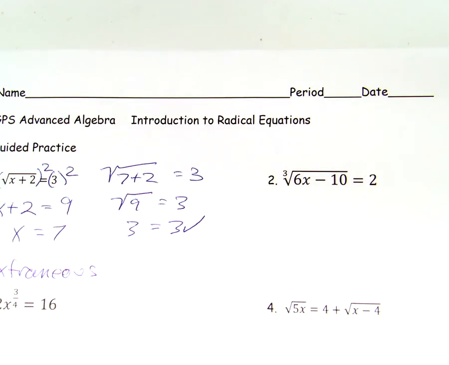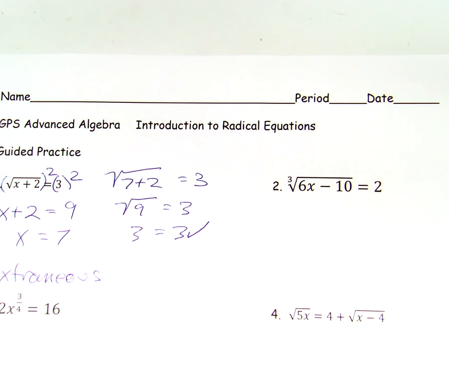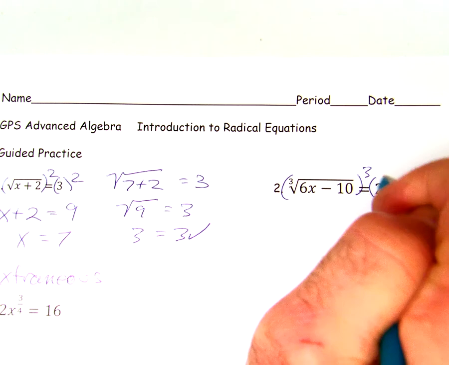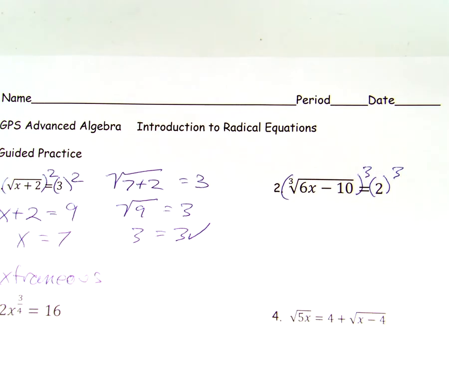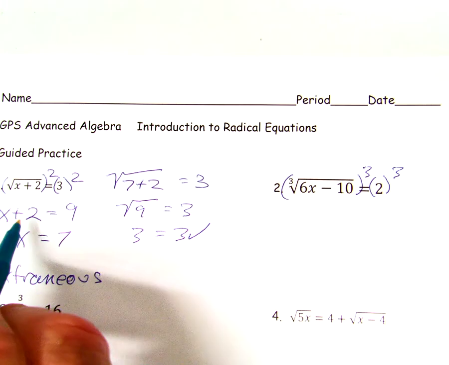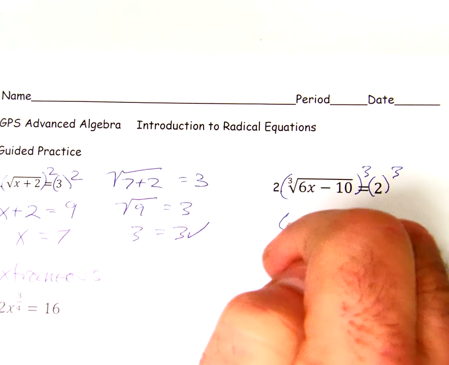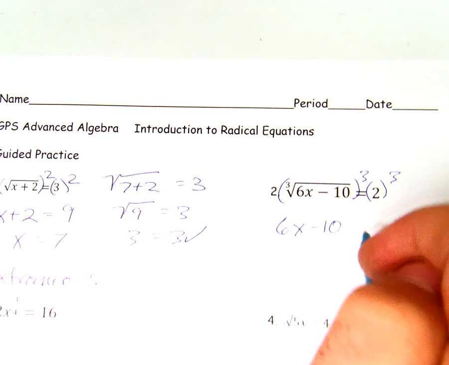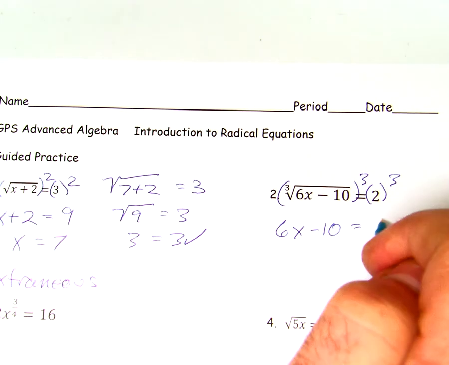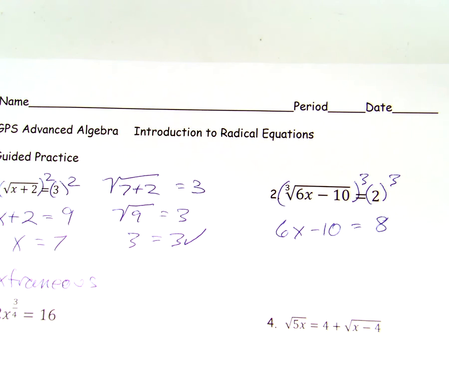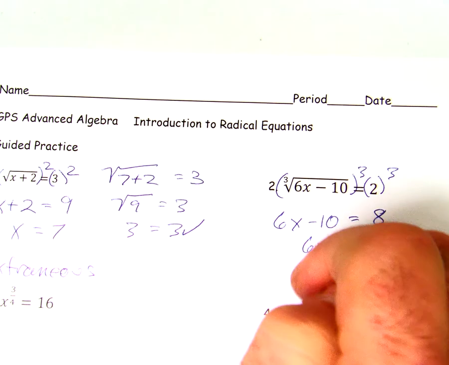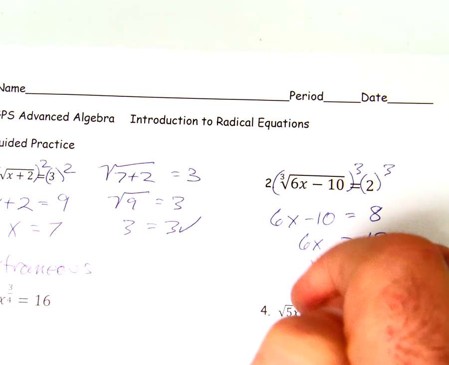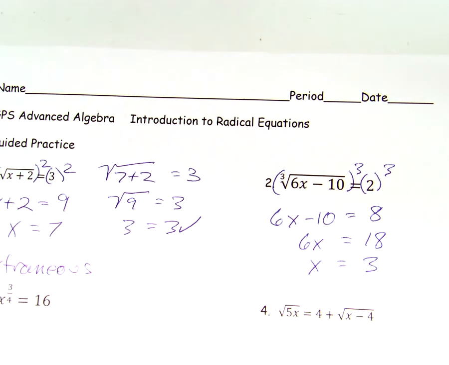All right, the next guided practice, instead of a square root, we've got the cube root, so we're going to take both sides to the power of 3. We're going to cube it. And the same as with the square root, the 6x minus 10 radicand comes out. It's no longer a radicand. And 2 to the third power is 8. All right, so I'm going to add 10 to both sides and divide by 6. x equals 3.